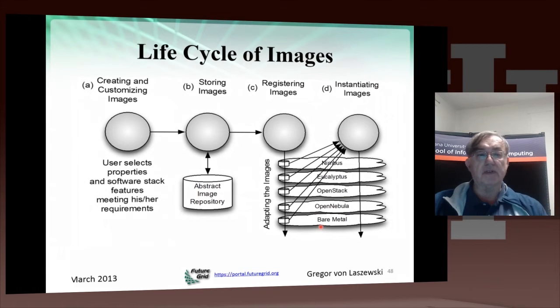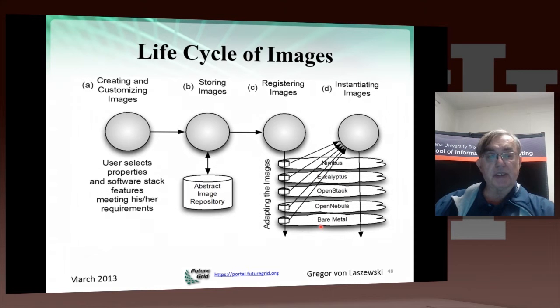So we look at the life cycle of an image. We create and customize the image. You select what you want, your OS, whether you want a VM or not, what user software you need, and things like that. Then we need to create that image, capture it as a template, and store that template in an image repository. That's why it's called an abstract image. It's not actually stored as bits and bytes. It's stored as an XML specification.